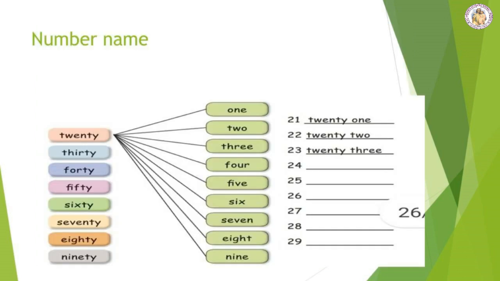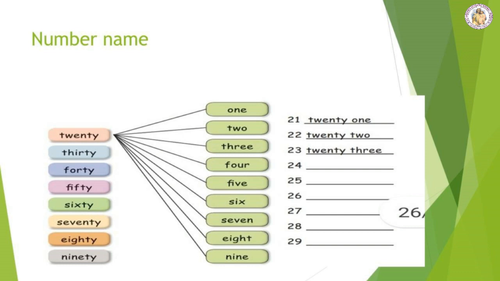Number names from 21 to 30. To learn to write the number names from 21 to 99, first we shall familiarize the number names from 21 to 29. As we know, the numbers 21, 22 and so on up to 29 all have two tens and different ones. These numbers are formed by adding 1, 2, 3 and so on up to 9 to 20.